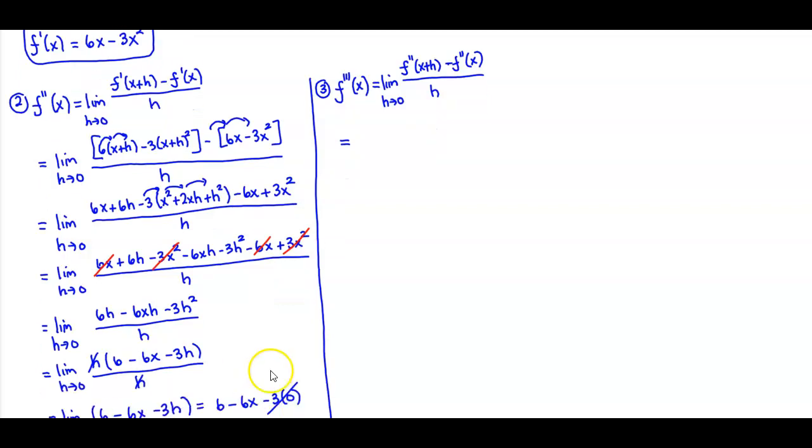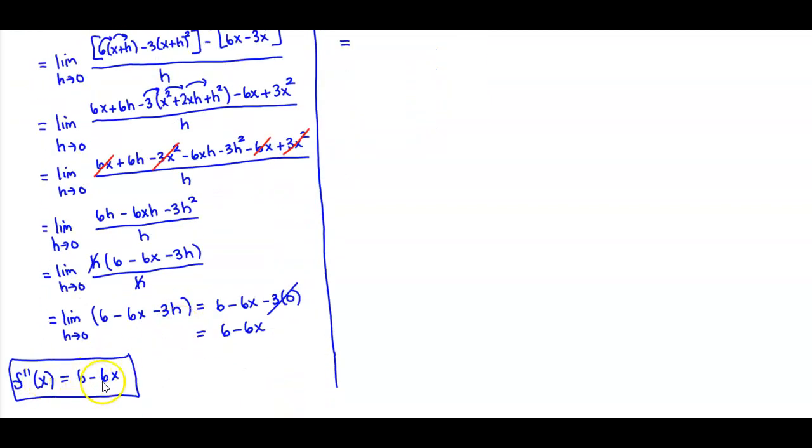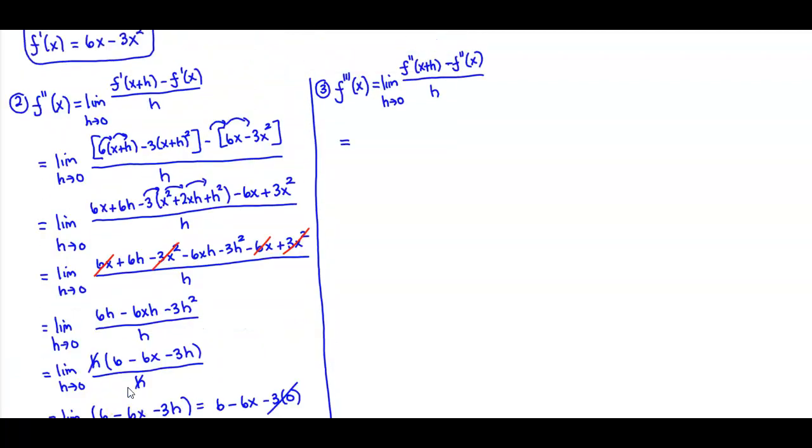So going back down here, we know that the second derivative is 6 minus 6x. So we're going to find the limit as h approaches 0 of 6 minus 6 times (x plus h), minus the function 6 minus 6x, and then we're going to divide that by h.